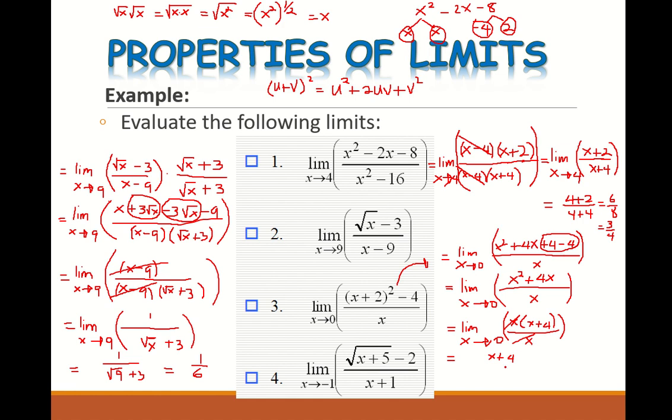So what is left is x plus 4, the limit as x approaches 0. This time you can now do the direct substitution. So when x approaches 0, we have 0 plus 4. So the answer is equal to 4. This is the limit of the function, it's equal to 4.